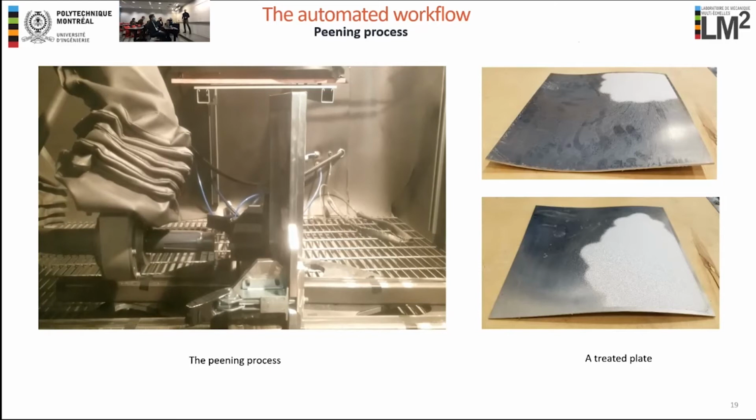And here on the right, we see some examples of the treated components, but of course you can see them in large numbers here in this room today. I will show them later. These lighter zones essentially correspond to the treated segments.